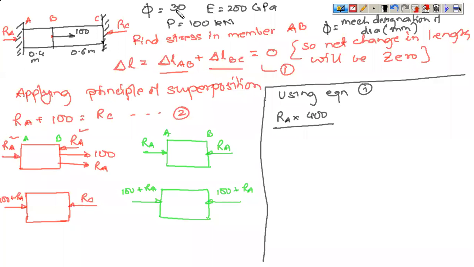If anywhere in a mechanical drawing you see the statement phi is equal to 30, it means that the diameter of the shaft, or the diameter of the component, is 30, and if nothing is given, it means it is mm. So this is pi by 4 into 30 square into E.